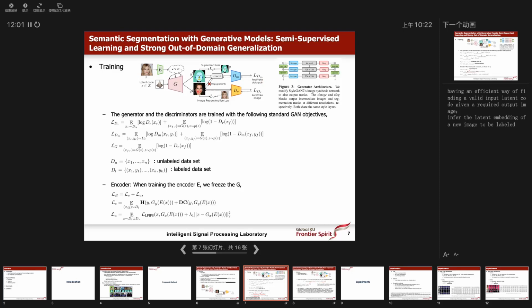Actually, I think this part should be similar to the input. Here is just an example, an instance. So the generator outputs two image maps: one reconstructed image and one segmented image. Yeah, it has two outputs.